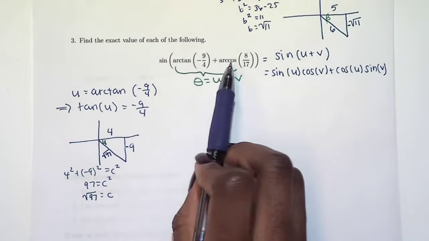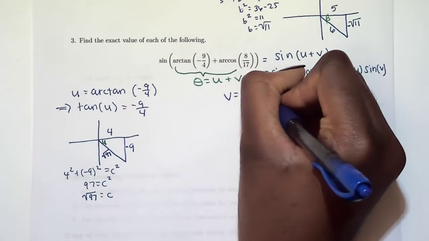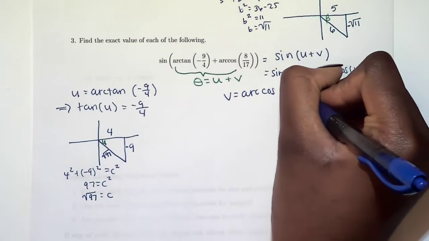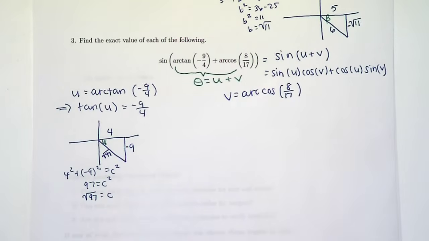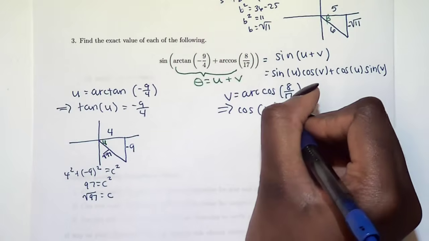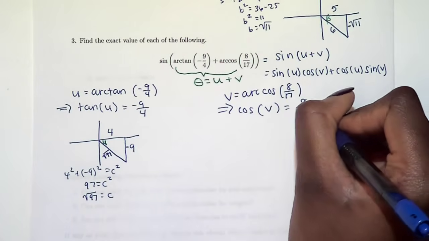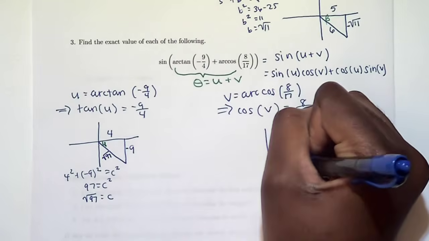V is going to be given by arc cosine. This tells us that cosine of the angle V is 8 over 17. That means it's going to be in either quadrant 1 or quadrant 2, but since cosine is positive, we're in quadrant 1.